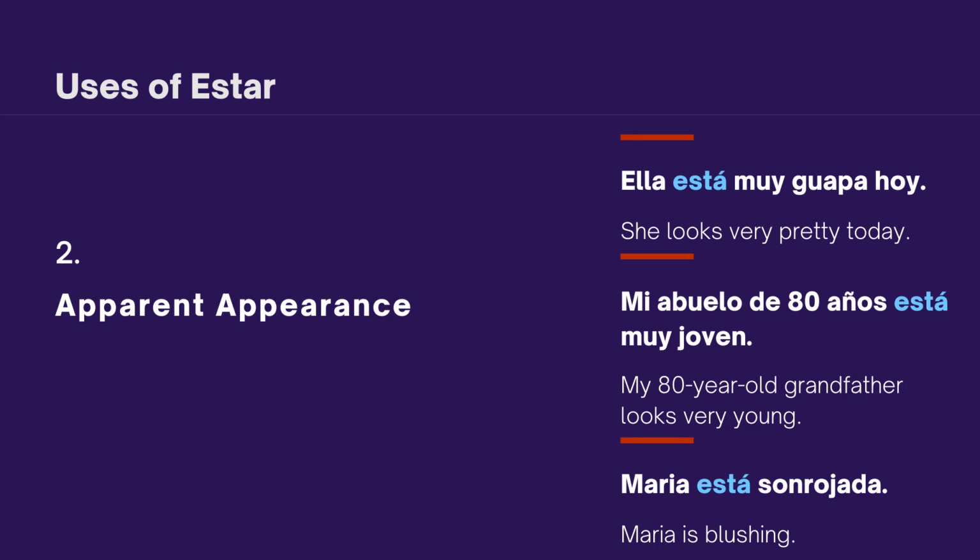So probably it's just the sun. They have been under the sun for a long while. They have a fever or something, and that's why their face looks red. So we cannot really say for certain that they are blushing, okay? But for us, she looks like she's blushing. That's why we have it as apparent appearance, okay? So that's apparent appearance.